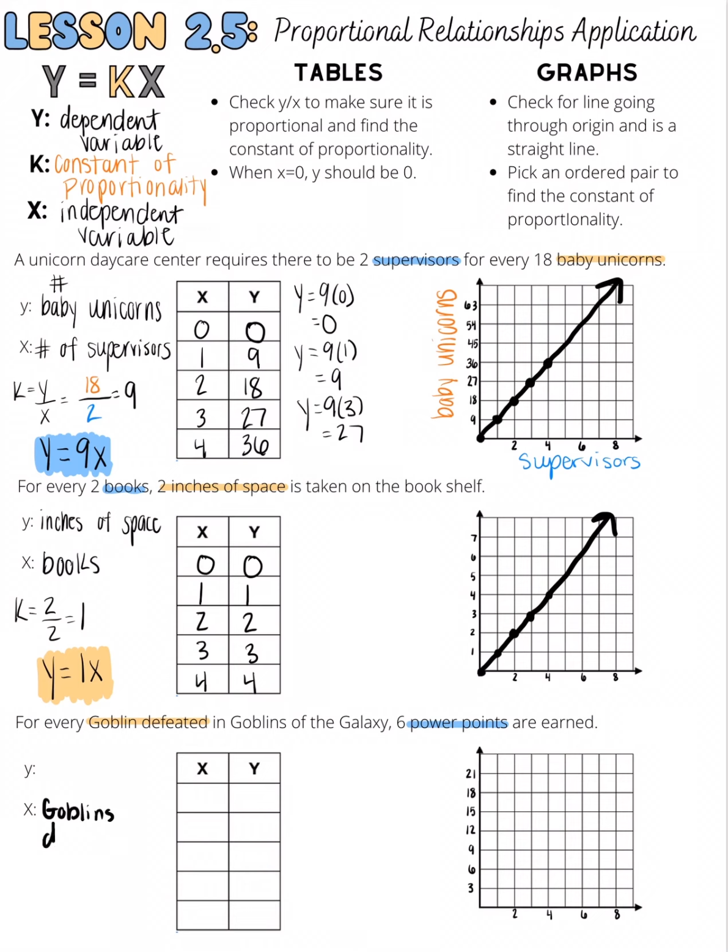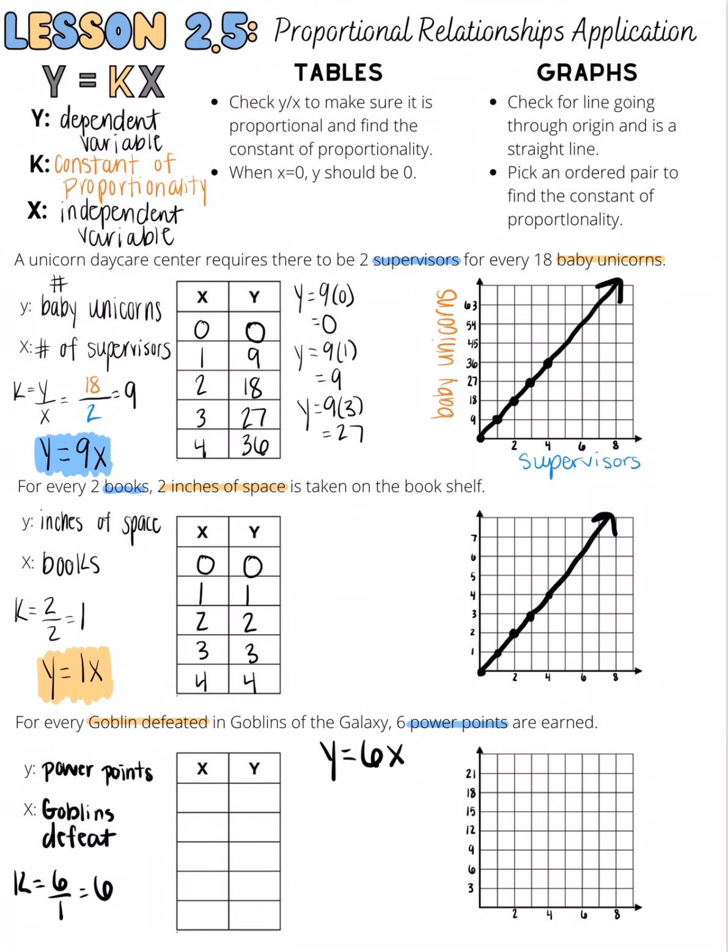How many goblins did we defeat? Okay, and then our y value is going to be our power points, because how many power points we get depends on how many goblins we defeated. Okay, so our y, it's y over x, so k is 6 over 1, so it's 6. So our equation is y equals 6x.